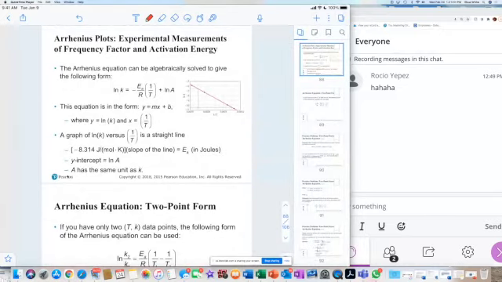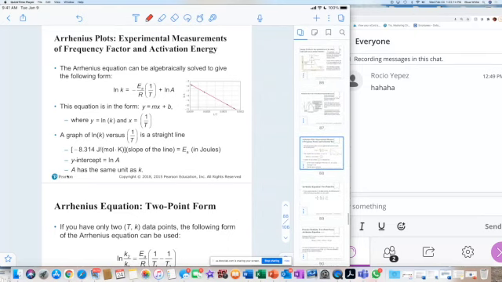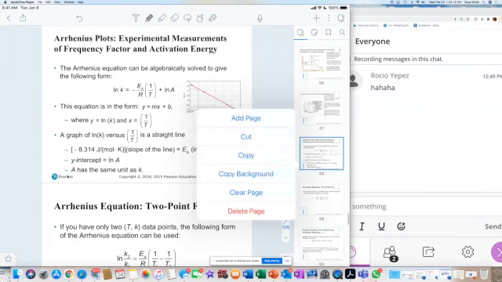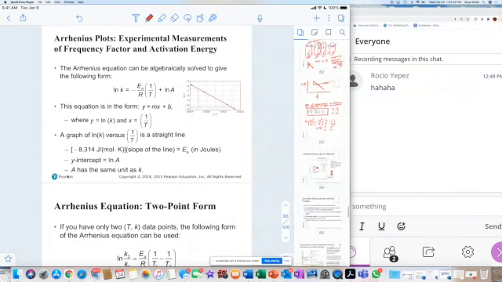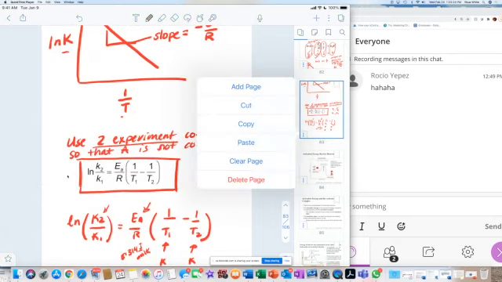I don't usually modify these slides, but let's see. Select that, select that, select this. No, can I double select? Okay, just copy. I'll copy and paste this here, so it's consistent with what I just went over. I have to add a page.